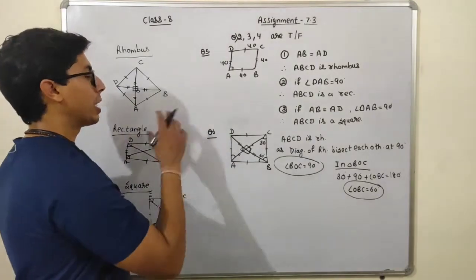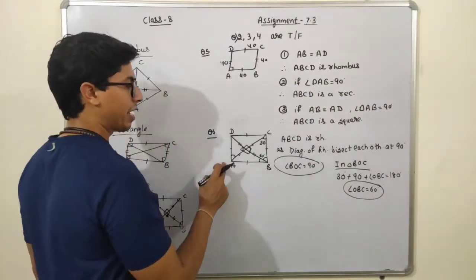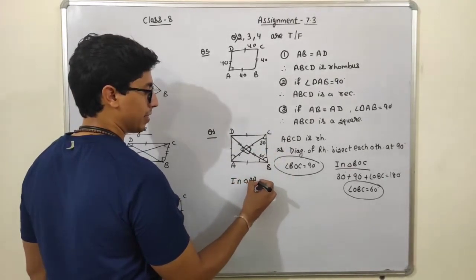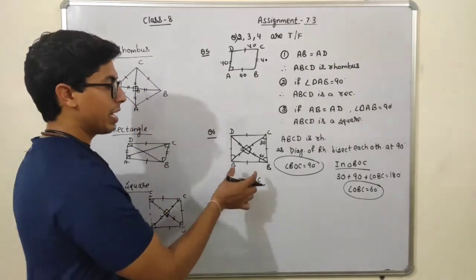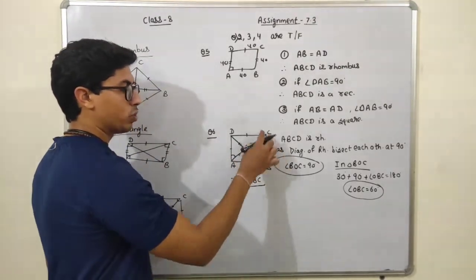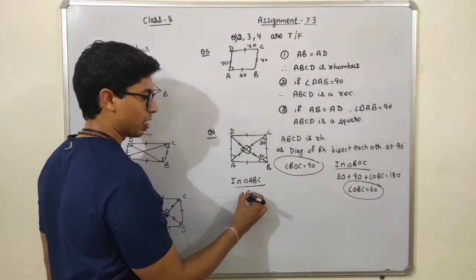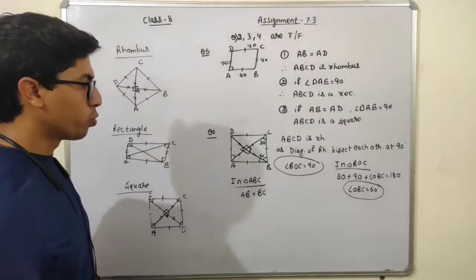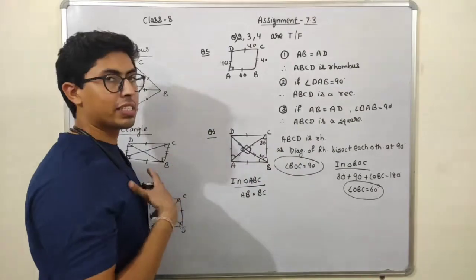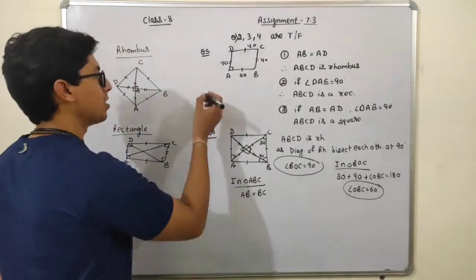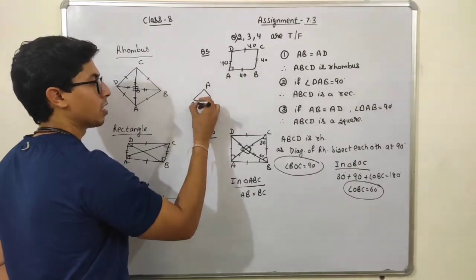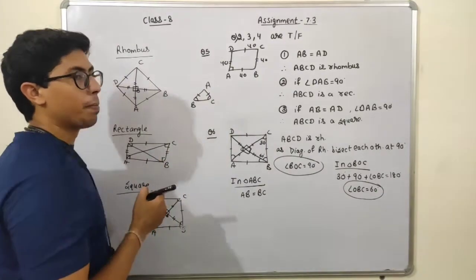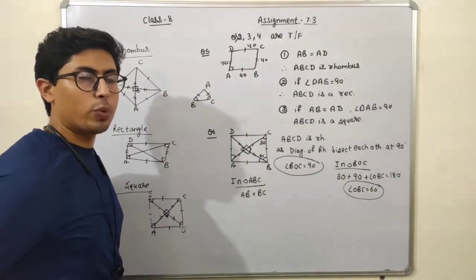Now, the same property that I discussed earlier: in triangle ABC, AB is equal to BC, because all the sides of a rhombus are equal. If these sides are equal, then the angles opposite to the equal sides are equal.